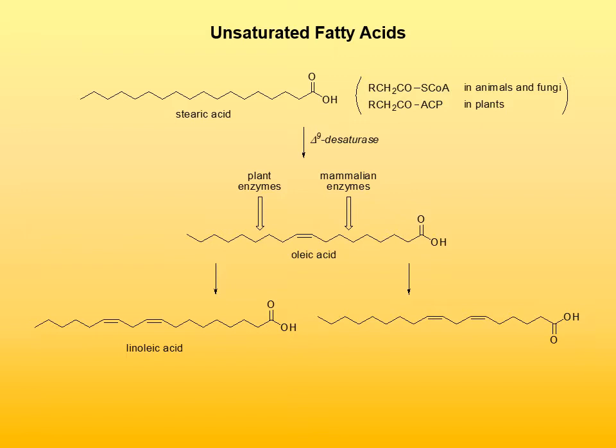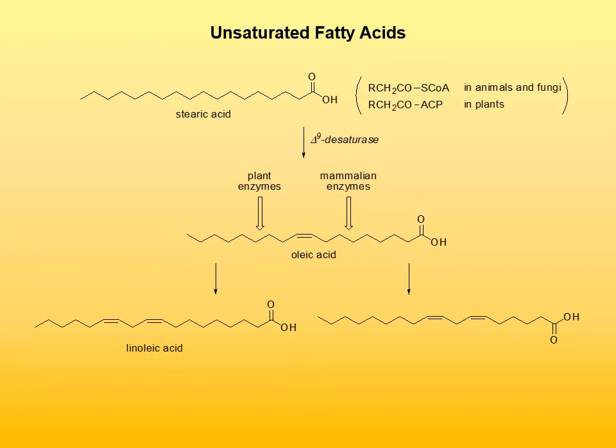Unsaturated fatty acids are synthesized from saturated fatty acids. In animals, fatty acids that are present in fats are mainly saturated. Fats from fish and plants are mainly unsaturated. There are several biochemical pathways for synthesis of unsaturated fatty acids, and all of them involve dehydrogenation of the corresponding saturated fatty acids.